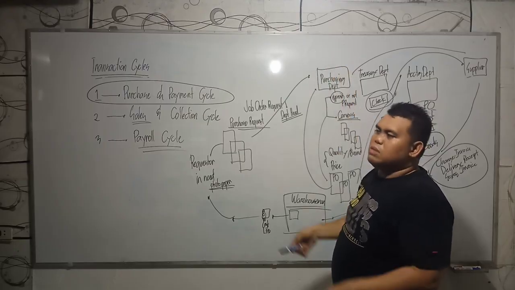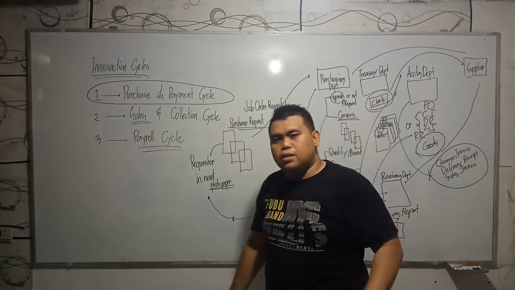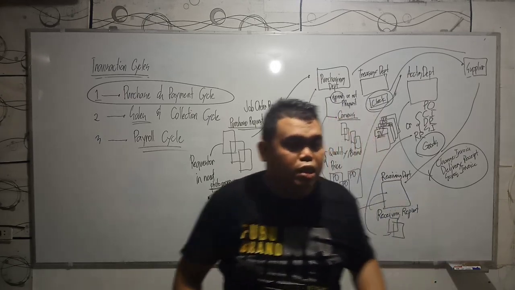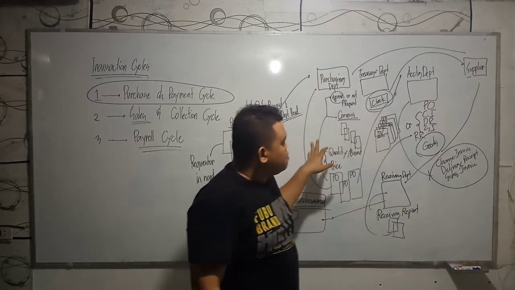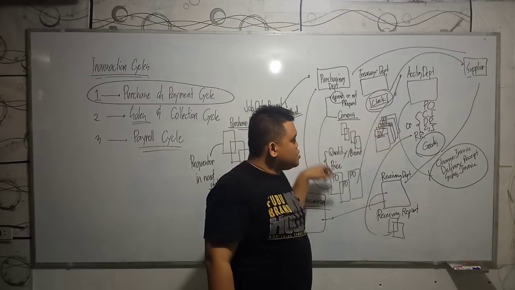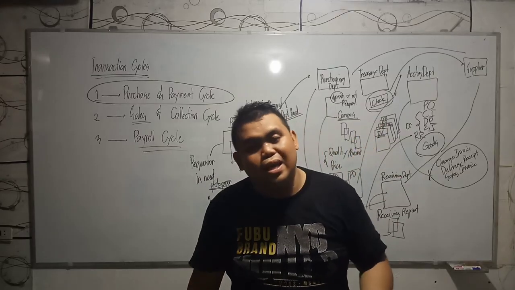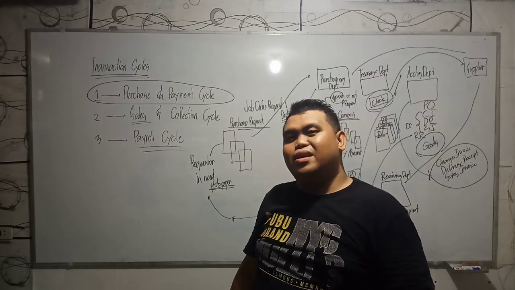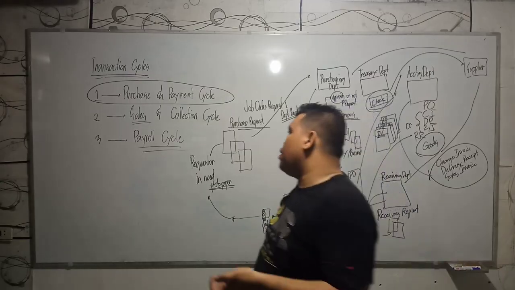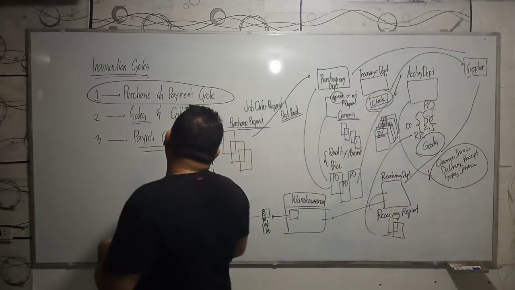Okay? So, it's up to the management how they are going to strengthen their internal control. But basically, this is a good reference already if you want to become a systems designer. Okay? Now, let's move forward to the sales and collection cycle.